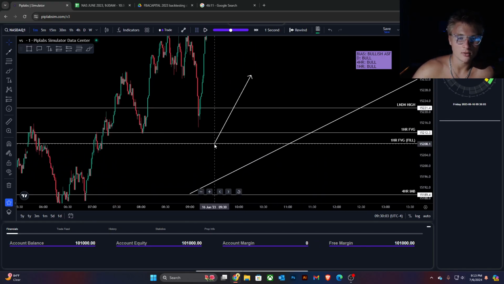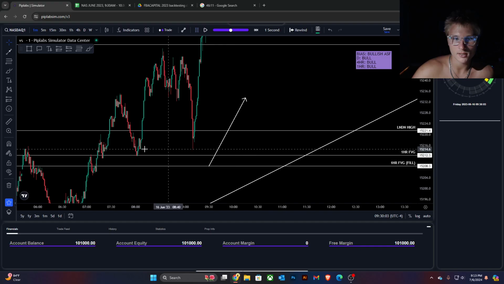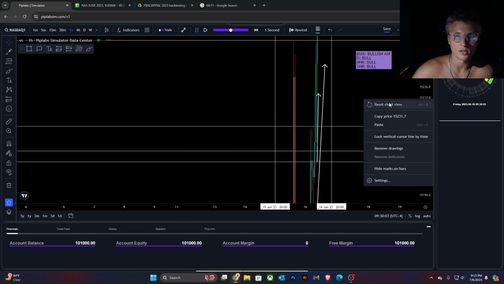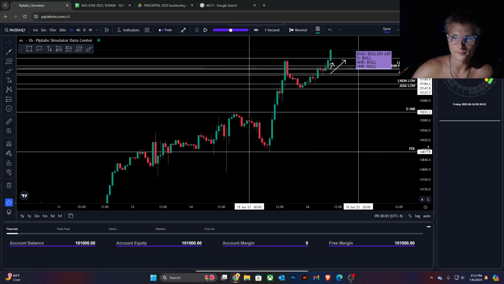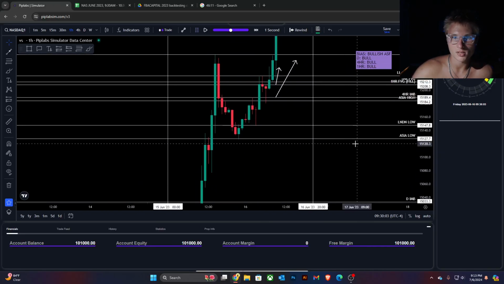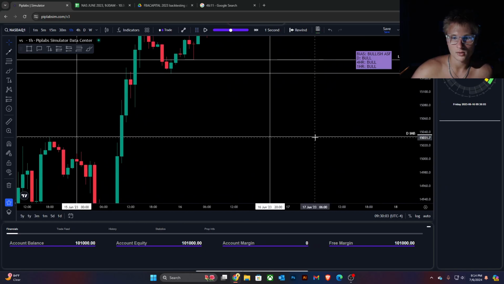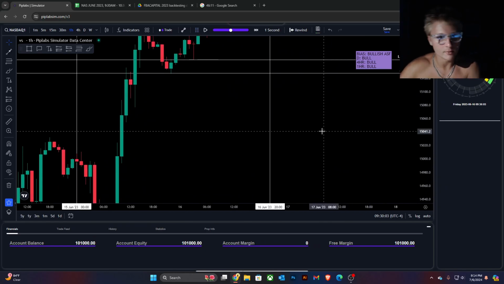Looking at this now, we got some lows there that liquidity is sitting below. We could get a move up off of that. So yeah, here are the two potential entries. Yeah, so now I can get rid of this because it's not an imbalance anymore.